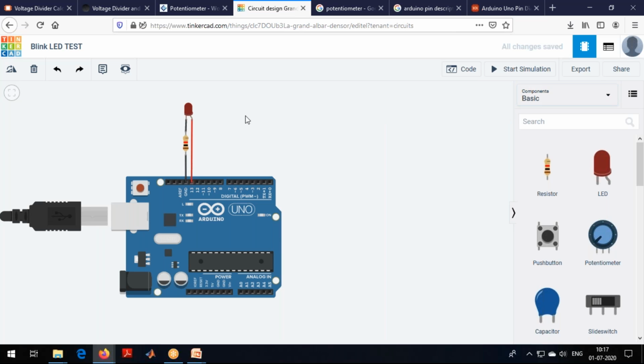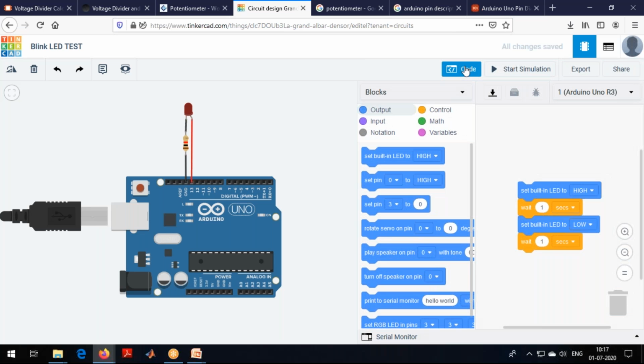Now, whenever I want to make this work, I need to write some code for that. You will see how we are writing that code. Can you see here different things are available, like different blocks?